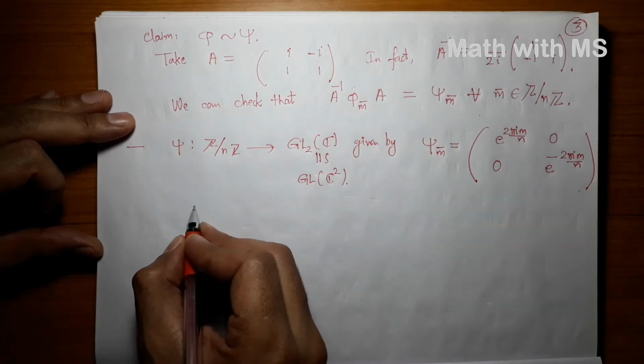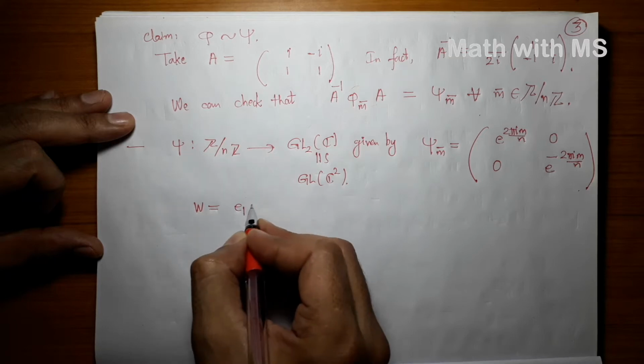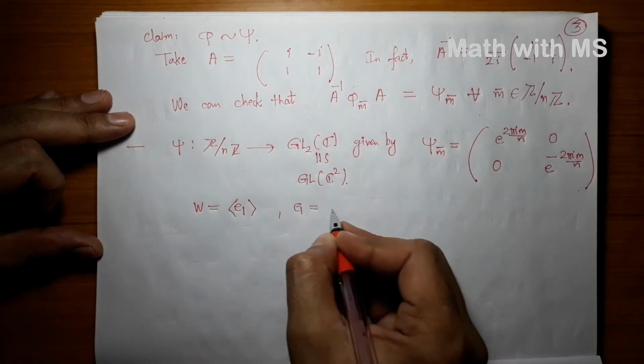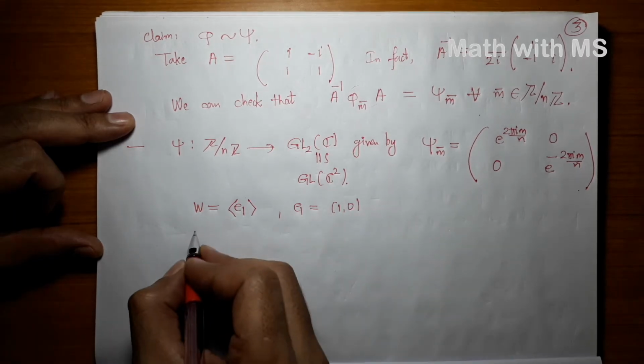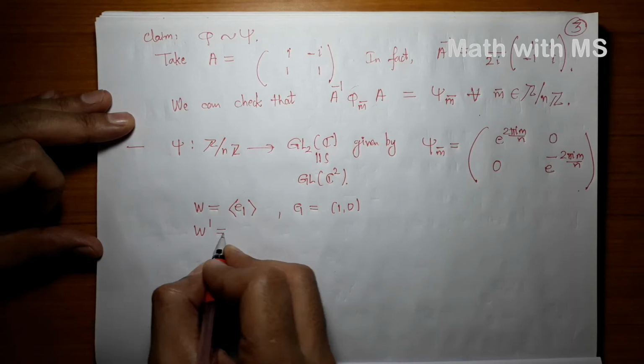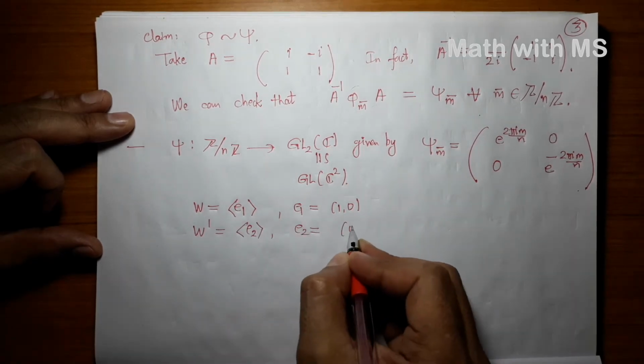Consider W to be the subspace spanned by E1, where E1 is (1, 0), and take W prime to be the subspace spanned by E2, where E2 is (0, 1).